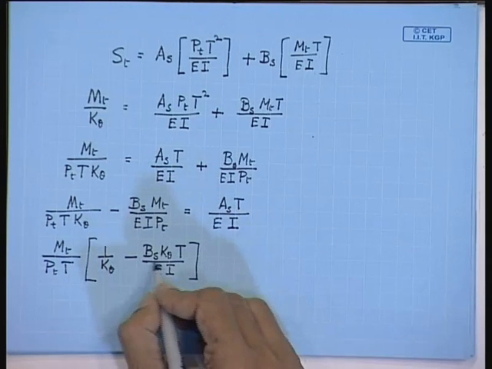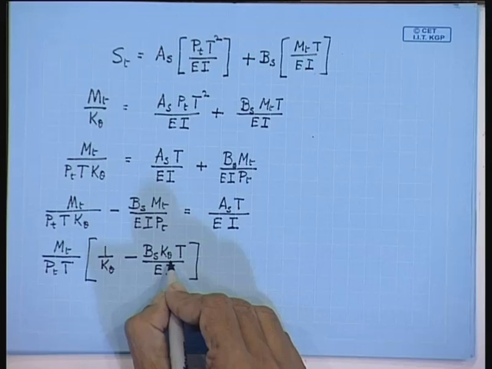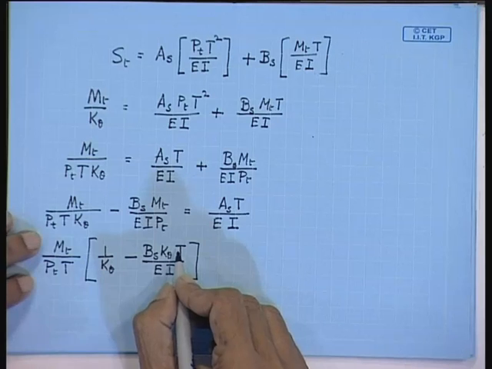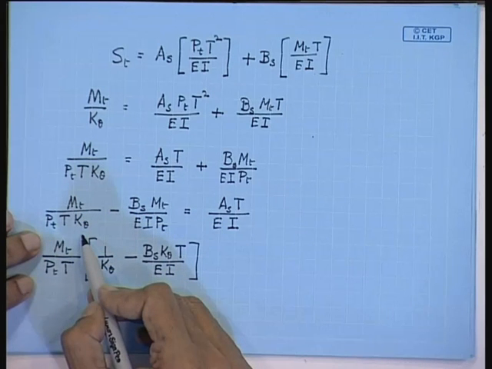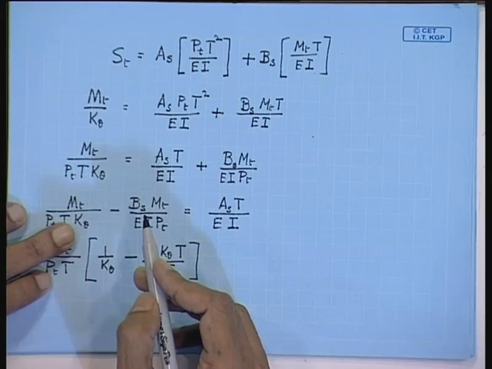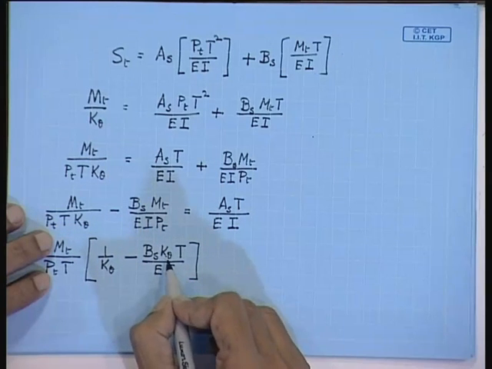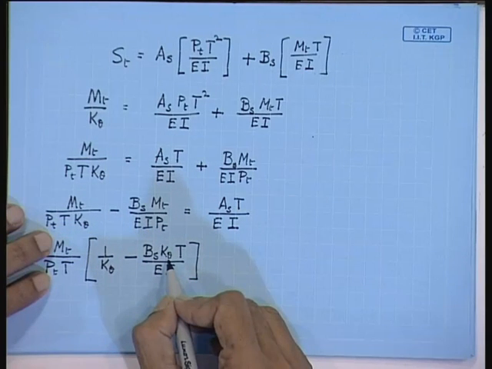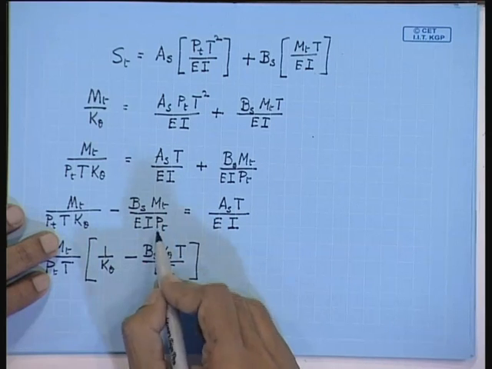K theta will come. K theta I have kept here. Also, k theta, MT PT k theta, and this k theta shouldn't be there. So, this MT and PT we have kept outside.